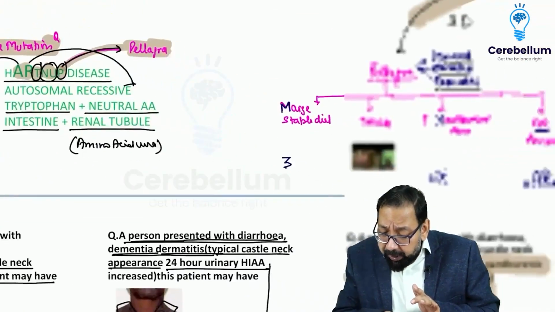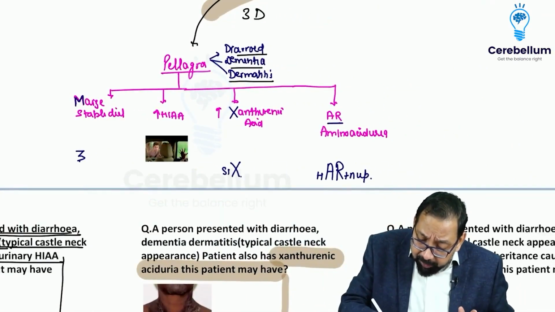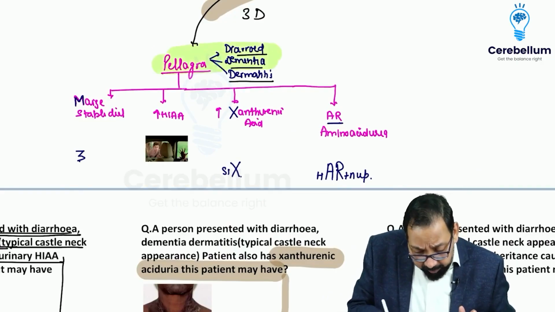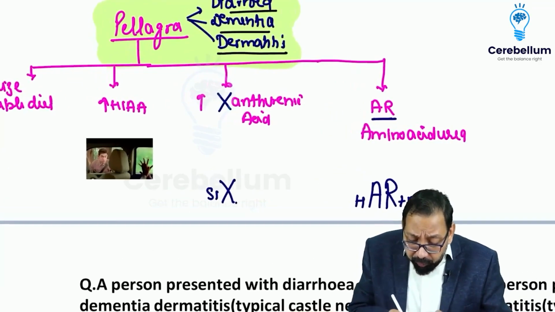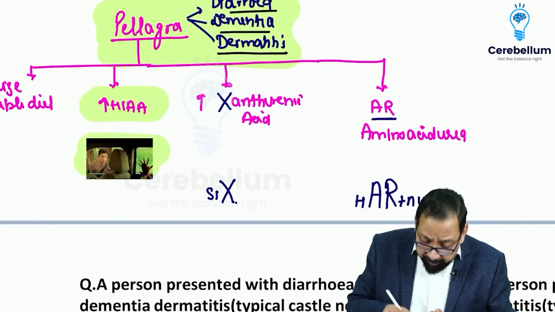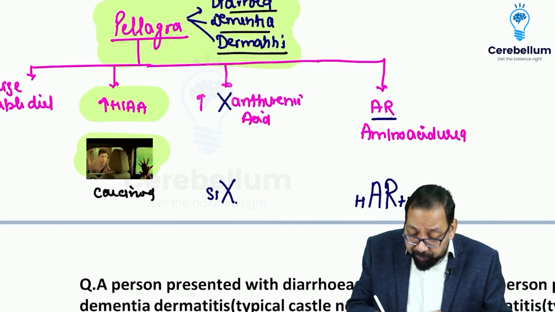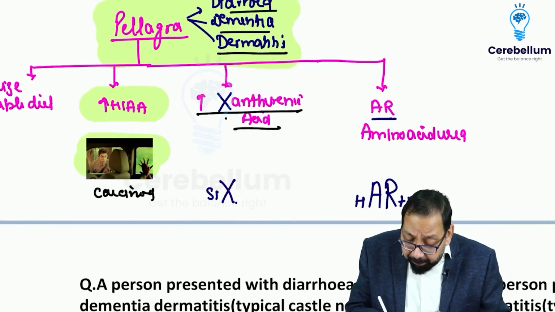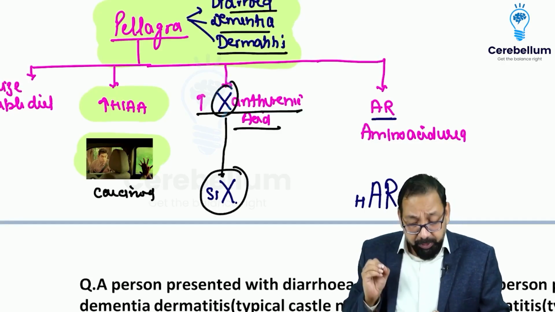Now differential diagnosis. If a question is asked and they give the clinical scenario in the form of pellagra, diarrhea, dementia, dermatitis, first of all, you will search for HIAA. If HIAA is there, yes, it is carcinoid syndrome, the scene of a car, no Haya, carcinoid. If xanthurenic acid is increased, B6, xanthurenic aciduria.